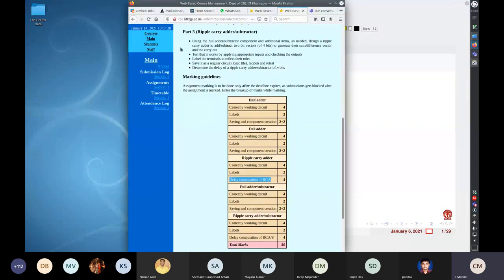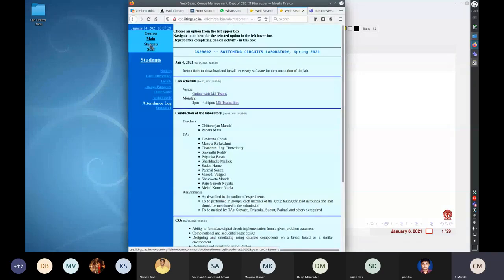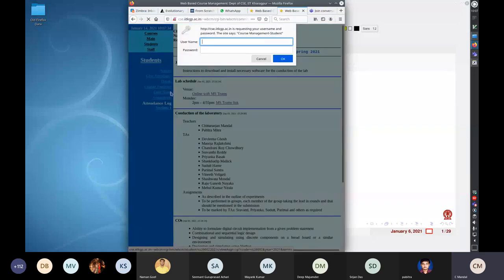Now regarding your login, when you want to submit the assignment, you click on students, and then click on assignments. So you will be prompted for a login. That is where you should provide your username and password.